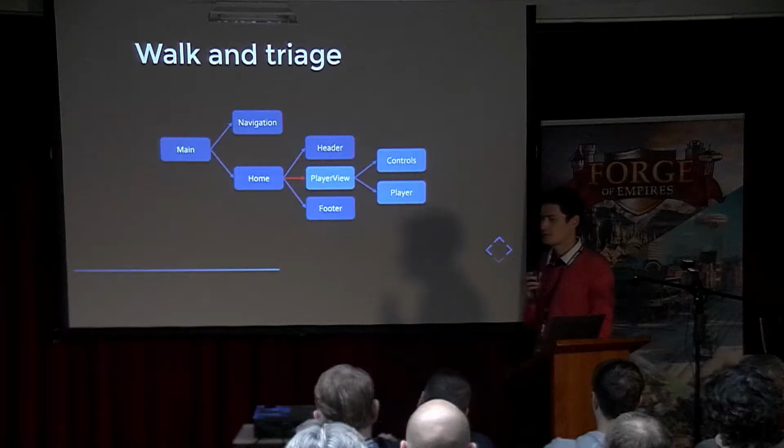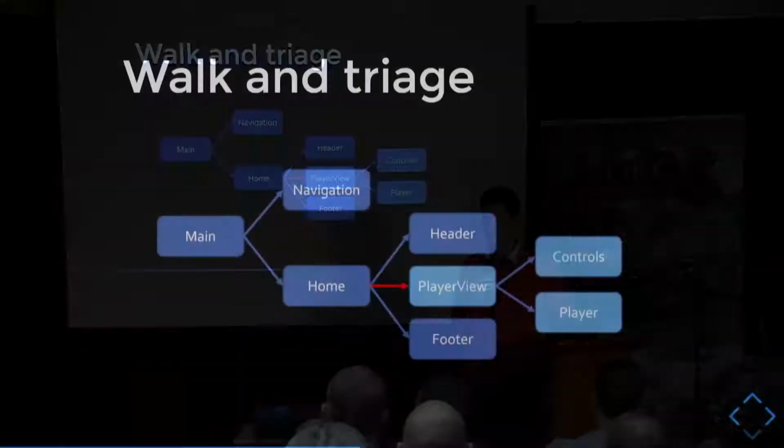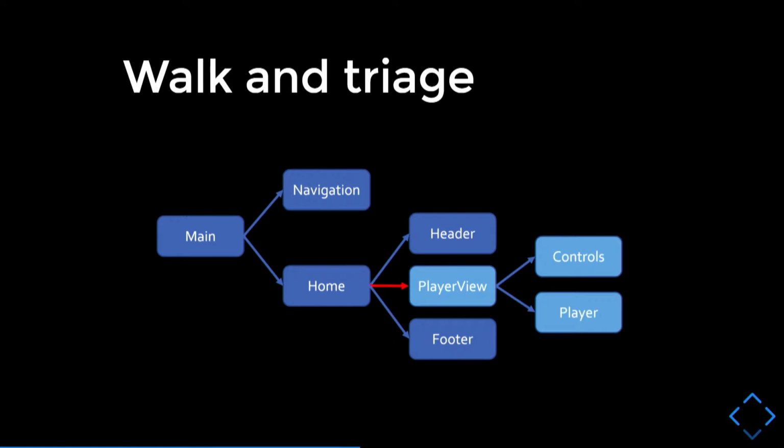So if you take a trivial project, you would have a few classes or scripts, and then the edges are basically: main requires navigation, main requires home, and so on. Those are hard edges of the graph. But if you say home asynchronously requires player view, then suddenly this whole subtree becomes something that could be taken in a separate bundle.